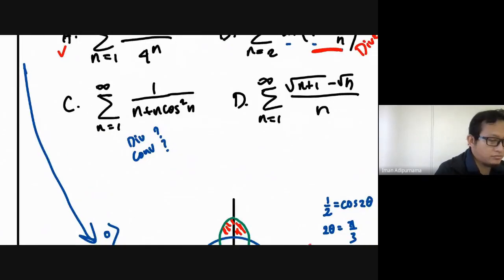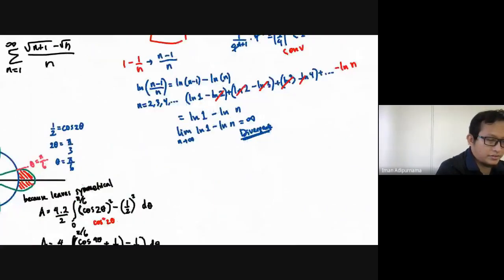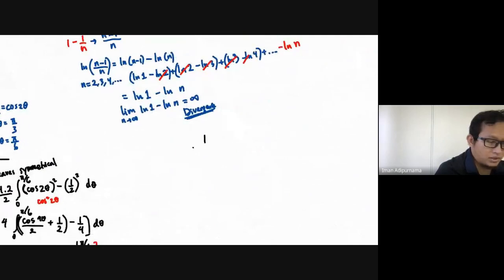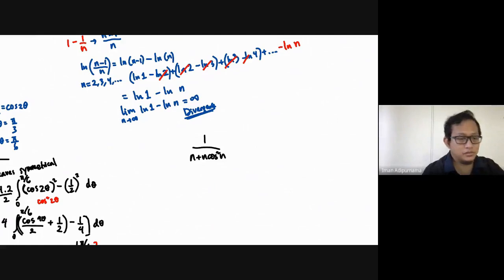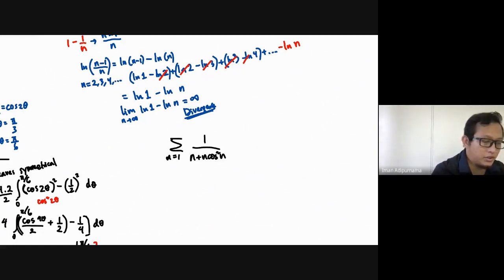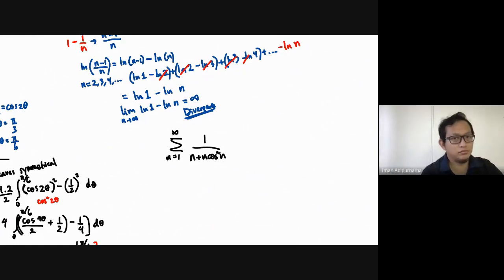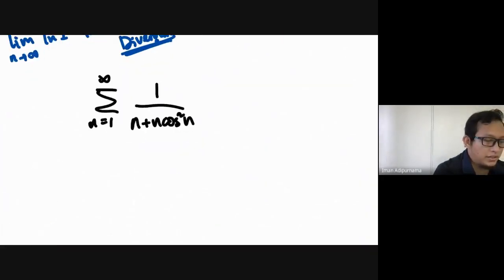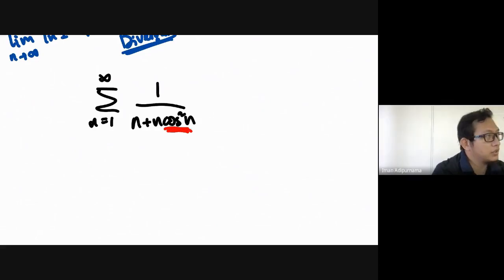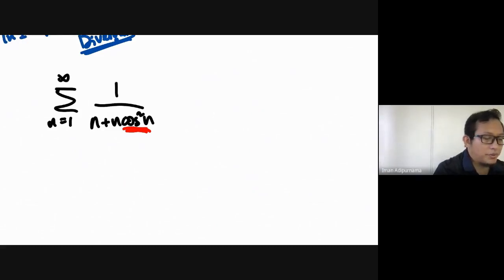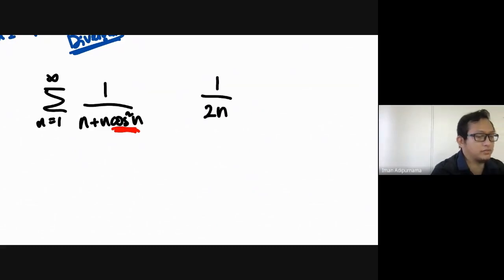Okay. So you have 1 divided by n plus n cosine squared, and this starts from n equal 1. Now, if you look at this equation, the cosine here possibly has a maximum of just 1, right? So we can compare to this 2n, right?